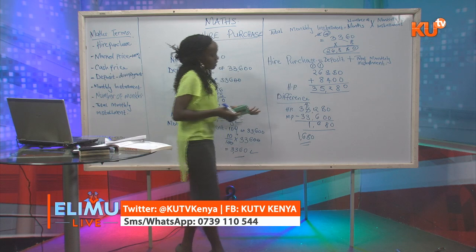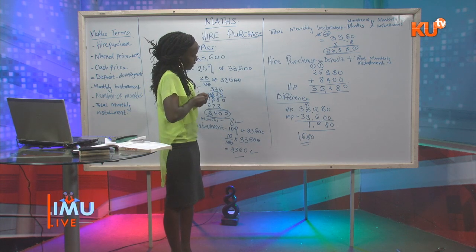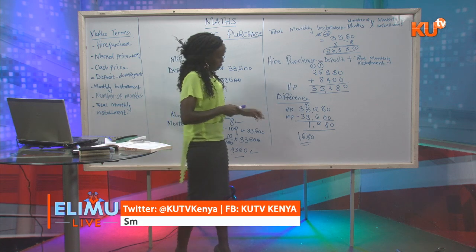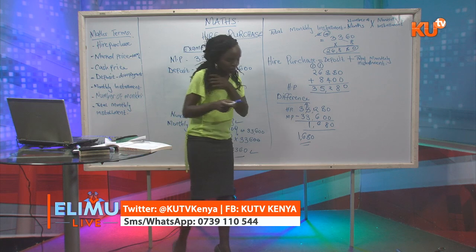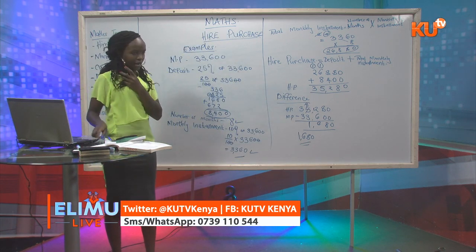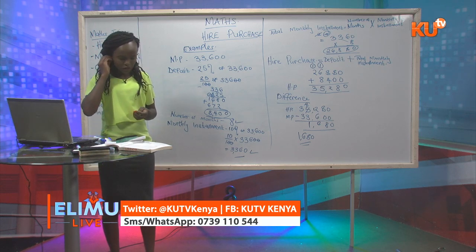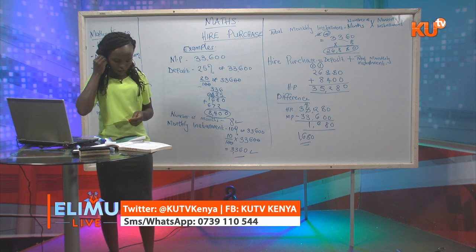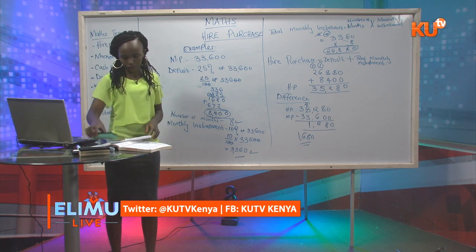So the person who bought it on hire purchase paid 1,680 above the marked price. Remember we said that the hire purchase price is always higher than the marked price. So that person paid 1,680 more than the marked price.